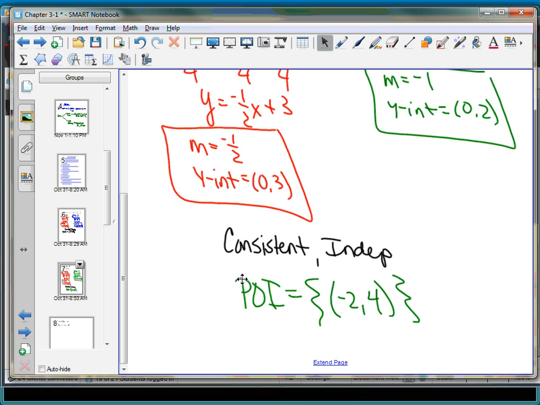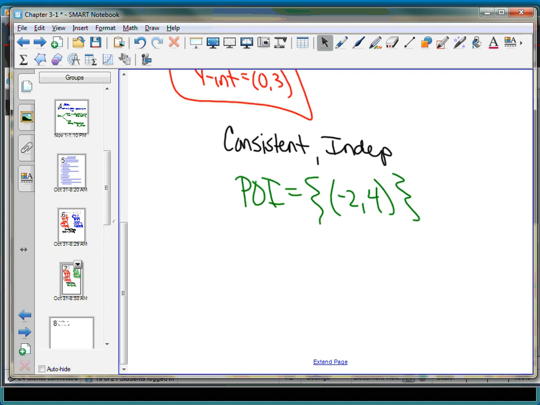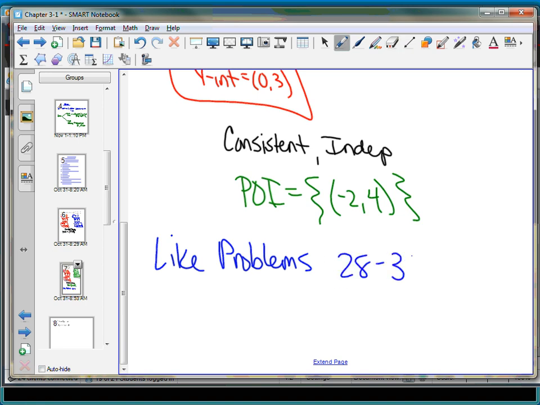Do we see this? This is like problems 30 through 36. So this is what you're going to do for problems 30 through 36.